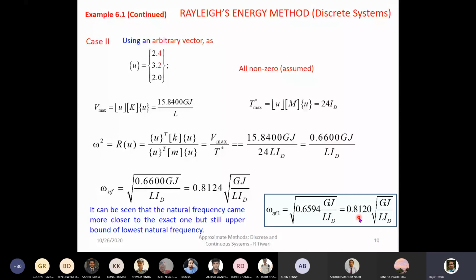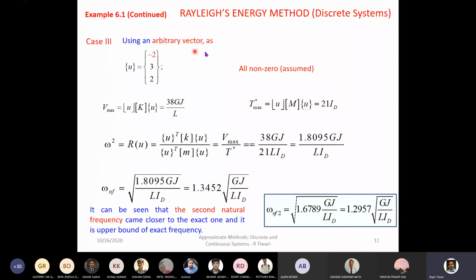So this is one. Now I'll take another arbitrary vector. Now I'm taking one of the entries as negative because I'm going closer to the second eigenvector by taking a negative, as we have done in the Rayleigh's quotient earlier. With this, again we will calculate Vmax and T star max, take the ratio, obtain this, and if you take the square root of this, I'll get the natural frequency.